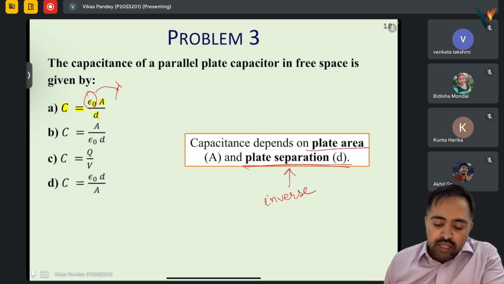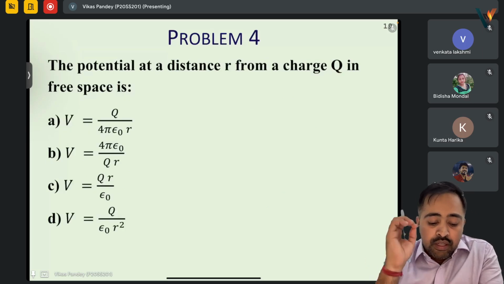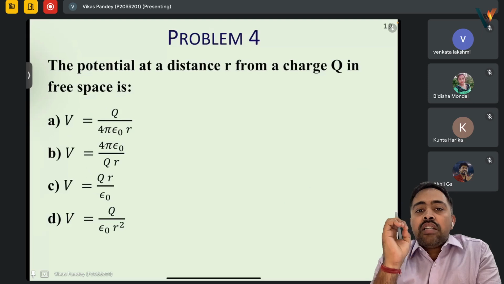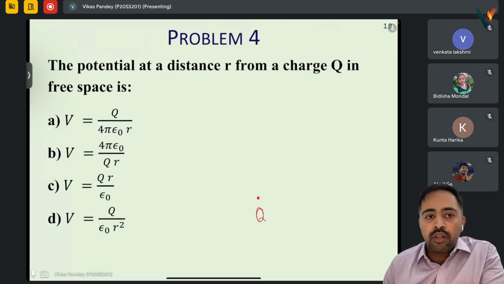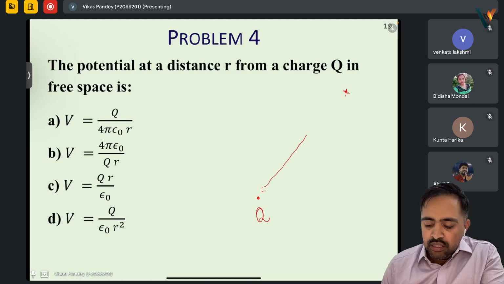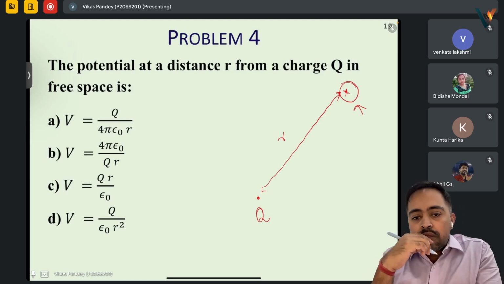Okay, let's move to the next question. The potential at a distance r from a charge q in free space is: there is a charge q, and here we are standing at a distance r. So what is the potential here due to this charge?